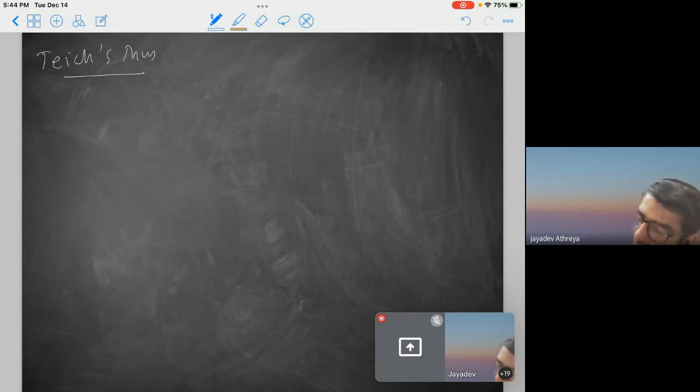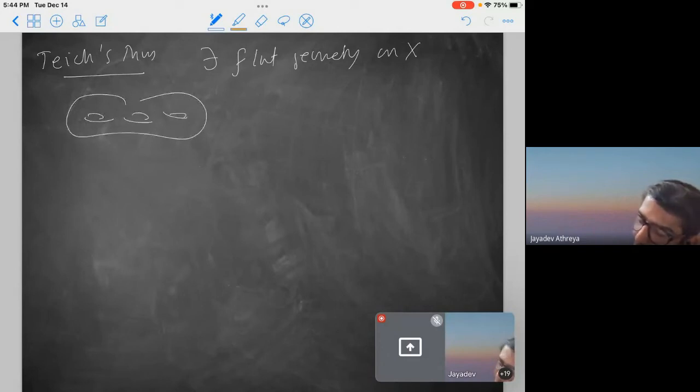So it turns out, and this is a paraphrase of a theorem of Teichmuller, that there exists a flat geometry on X.